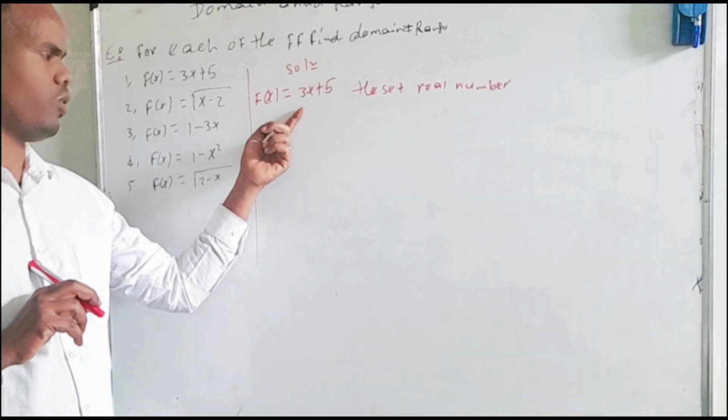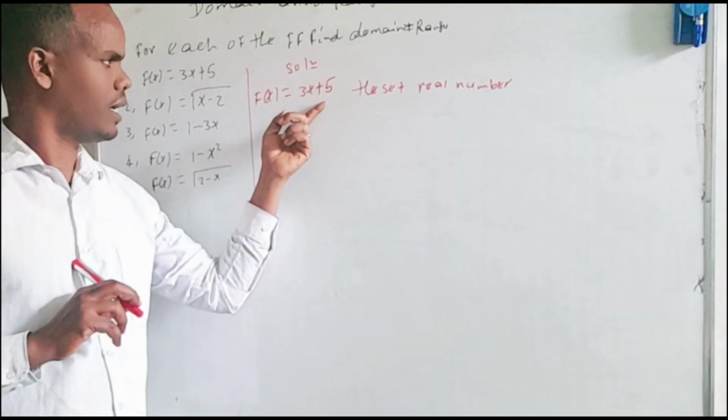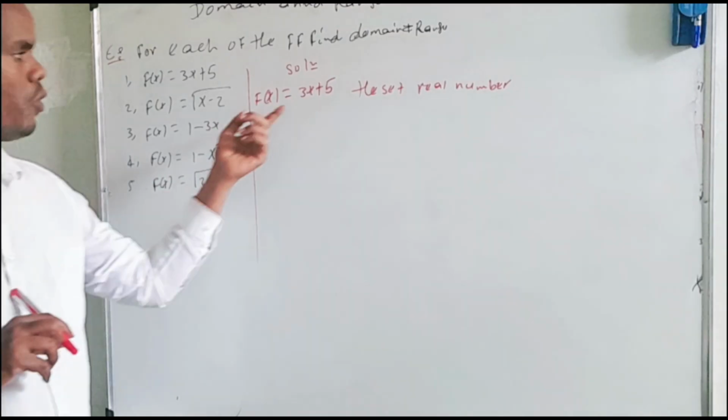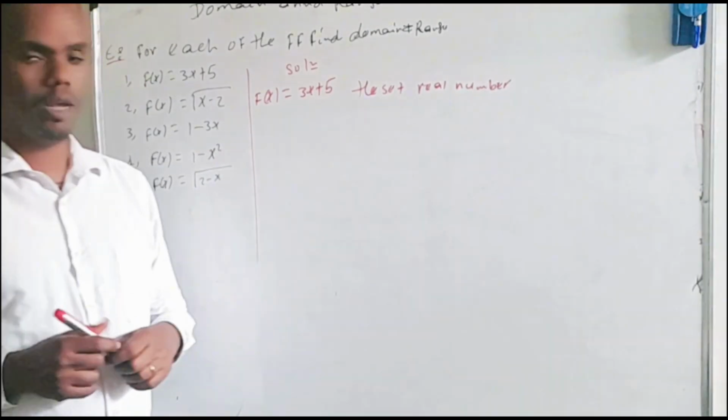For every value of x, there is an image, and for every value of y, there is a pre-image x.